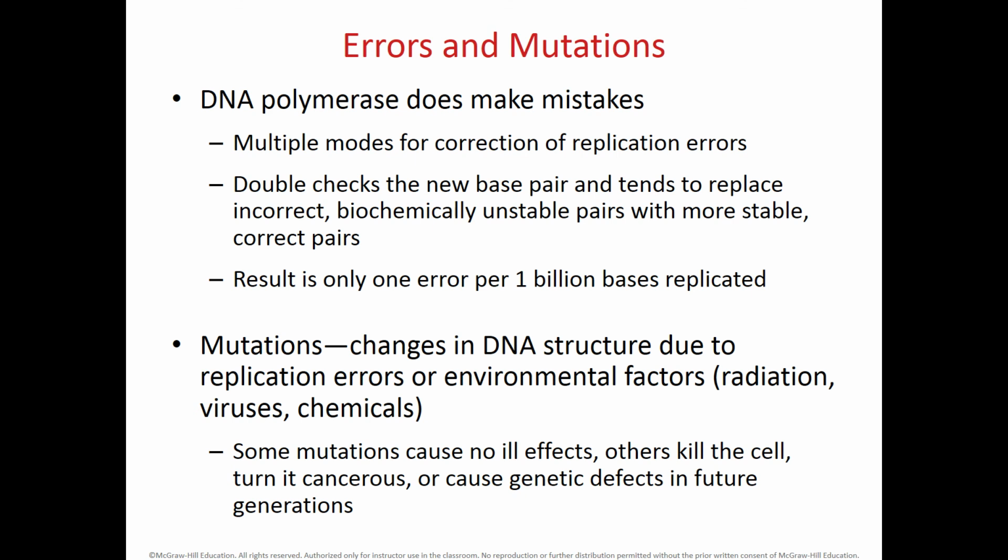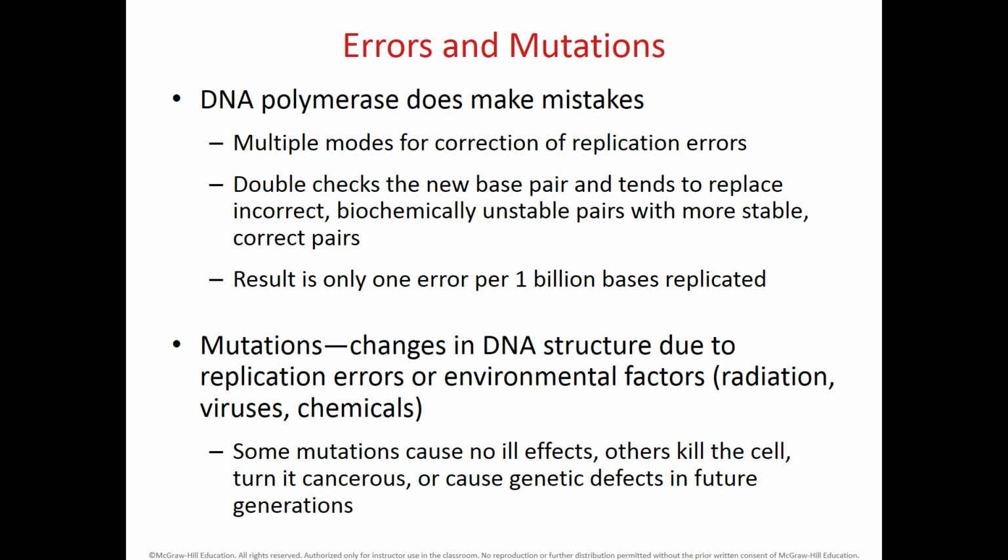So one way to prevent this from happening is that as the DNA polymerase is making these mistakes, you can stop the process and try to check for these mutations. So you have these checkpoints within the cell cycle that help to bring in repair enzymes that can correct these mistakes.